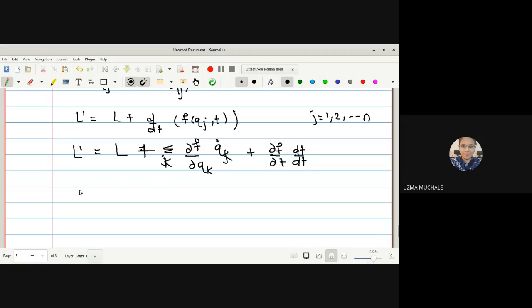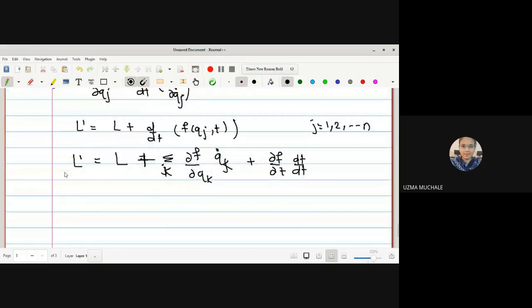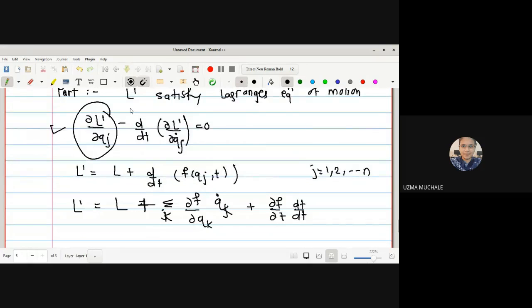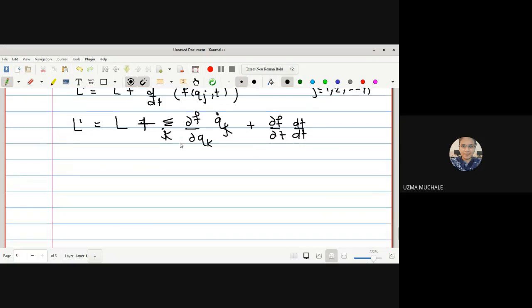Okay. Now, what you have to do first, we will find out the first term, that is L dash with respect to Qj. Then we will find out the second term, right? Let us differentiate L dash with respect to Qj. Dou L dash by dou Qj equal to, what is the value of this term? Dou by dou Qj, we have to keep it as it is.